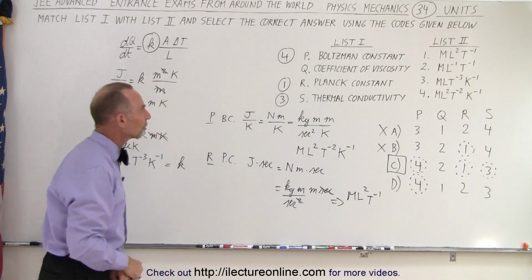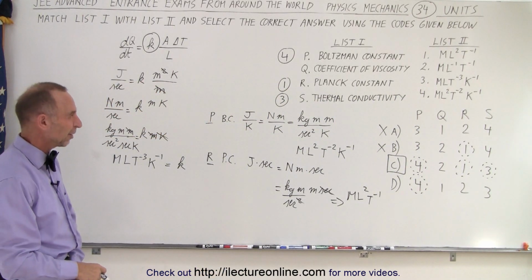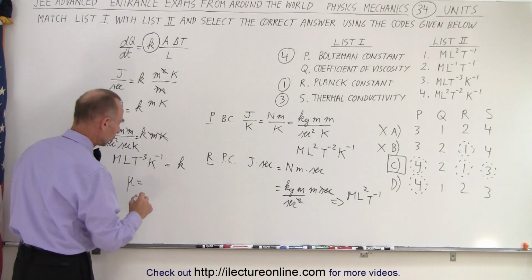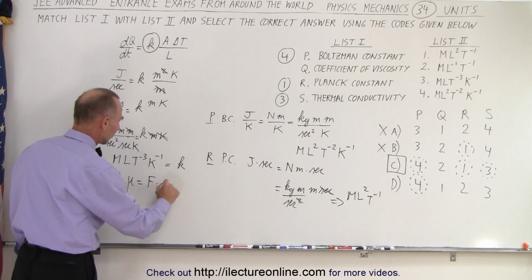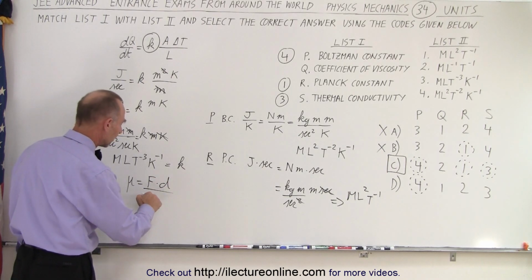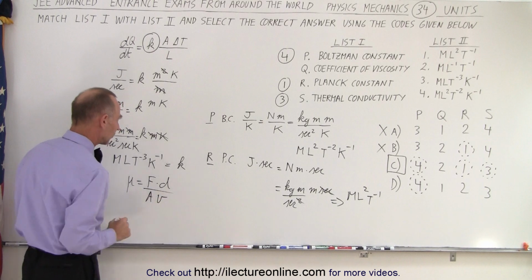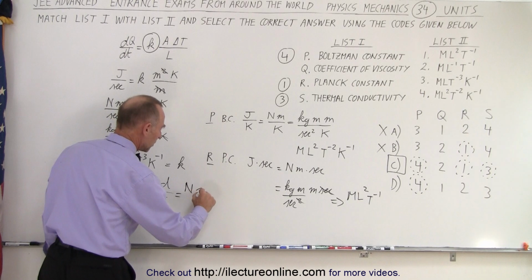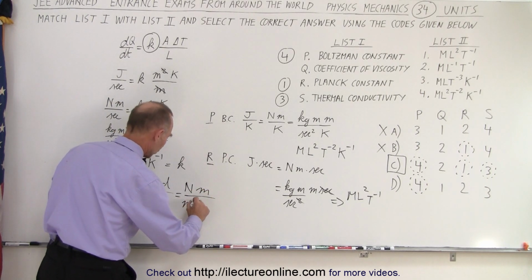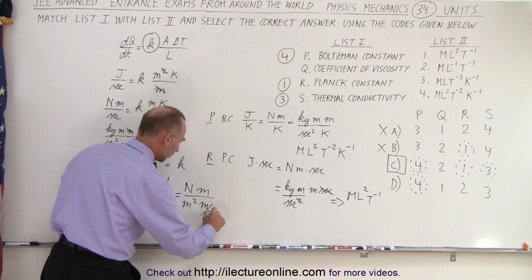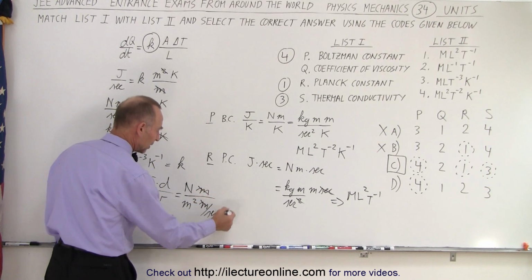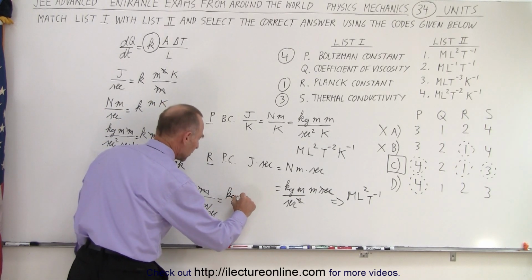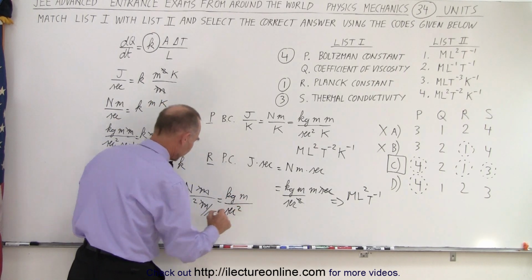And now we have one left, which is the coefficient of viscosity. Now that's one we don't see very often, but we know that the coefficient of viscosity is equal to force times distance, which is the work done to move things, divided by the area and velocity. So units: force would be newtons, distance would be meters, area would be meters squared, and velocity would be meters per second. So this meter cancels out this meter, and seconds goes to the numerator. That would be newtons, which is kilogram meters per second squared.